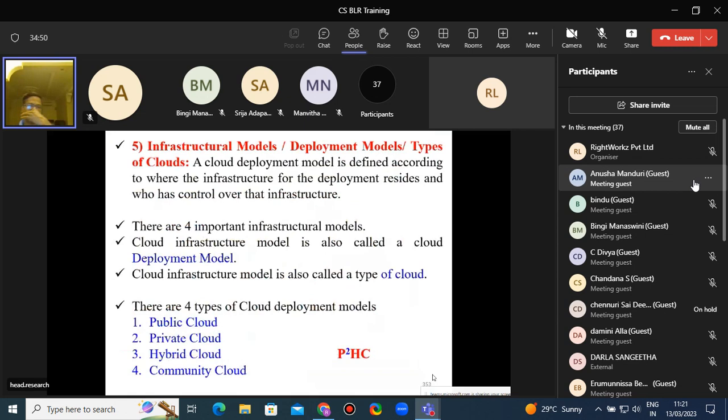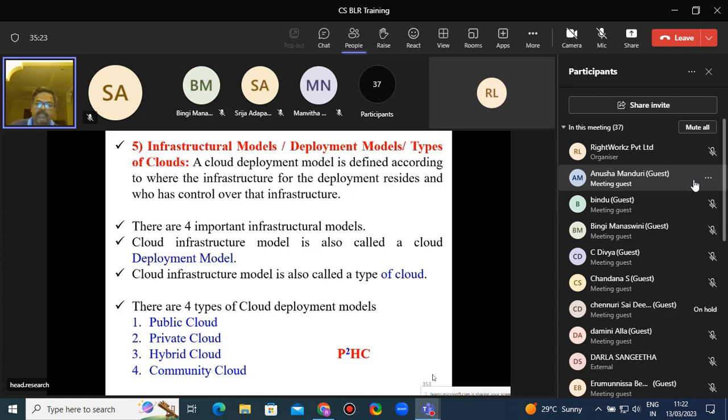Then the 5th concept is infrastructure models or deployment models or types of clouds. A cloud deployment model is defined according to where the infrastructure for the deployment resides and who has control over that infrastructure. There are four important infrastructure models. Cloud infrastructure model is also called the cloud deployment model.